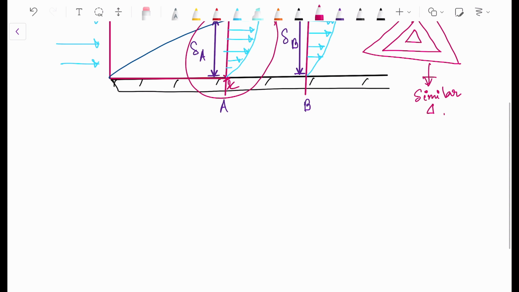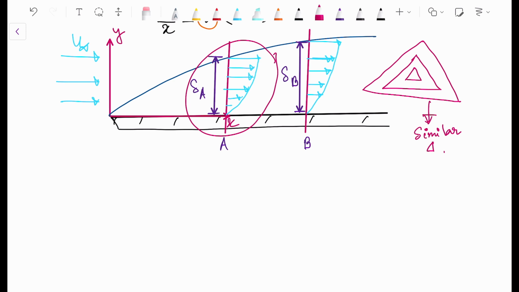So from this concept, Blasius did what? Just see, let us say that at section A at any y, I have a particular velocity, u. U is a function of y here, so maybe this is y1.